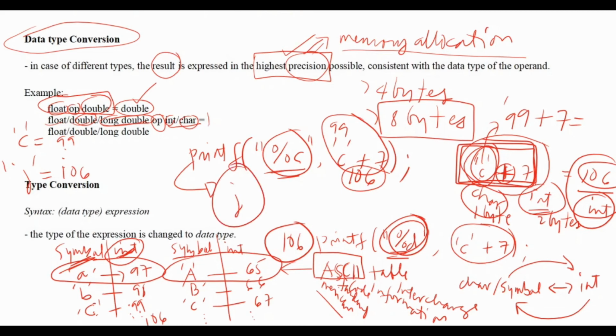When you use the %c conversion specification here, you're telling the computer to display the symbol, and that is letter j, whose integer value is 106.